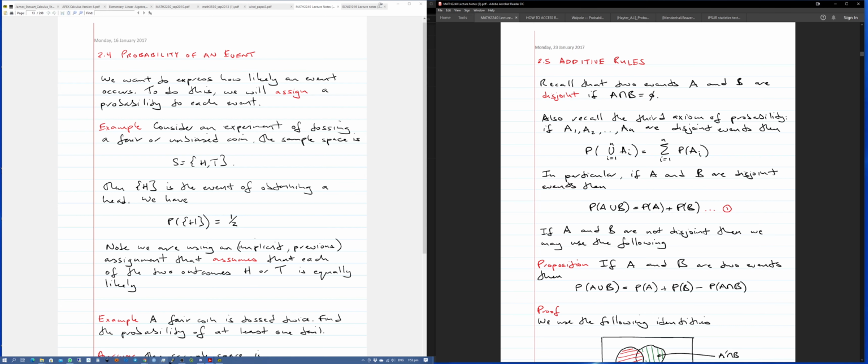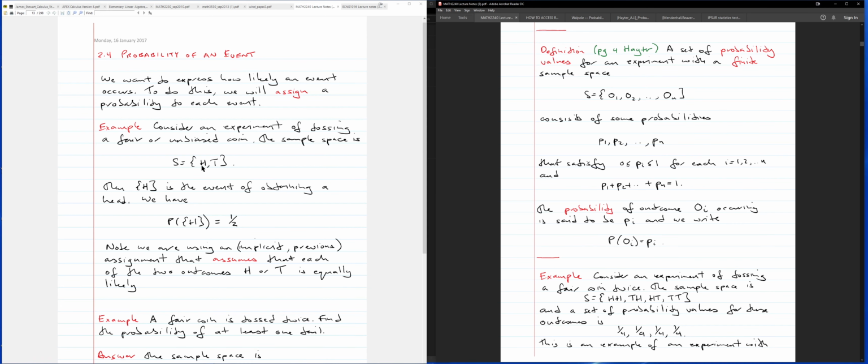You want to notice that we're actually making certain assumptions about the probabilities. One assumption is that because the coin is fair, the probability of a head is equal to the probability of a tail.